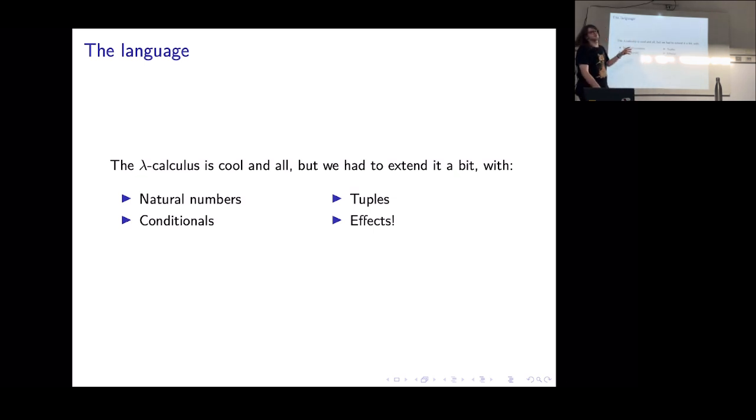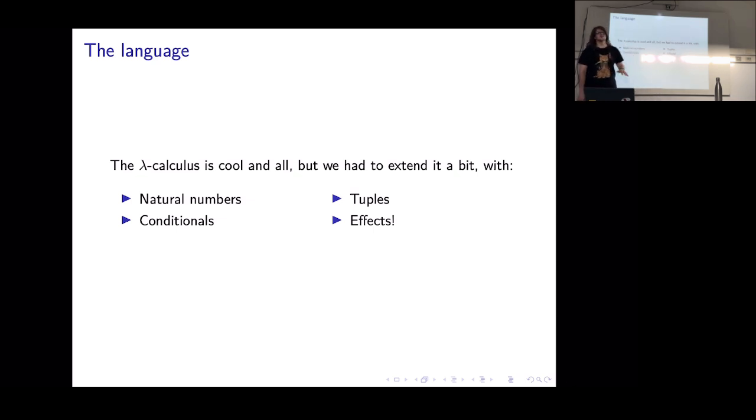Now, as we said, we can encode numbers, like Church numerals and so on, conditionals, tuples, effects. You can encode these things in pure lambda calculus, but we decided to implement them not purely in lambda calculus, but by extending the language.